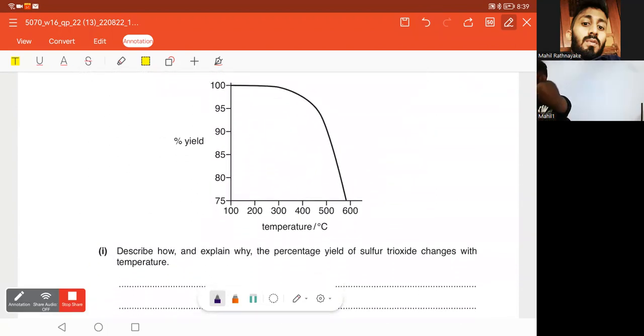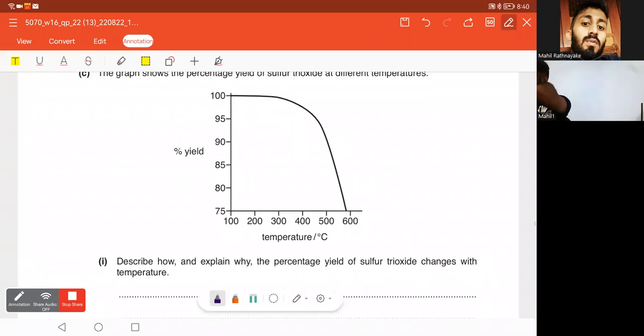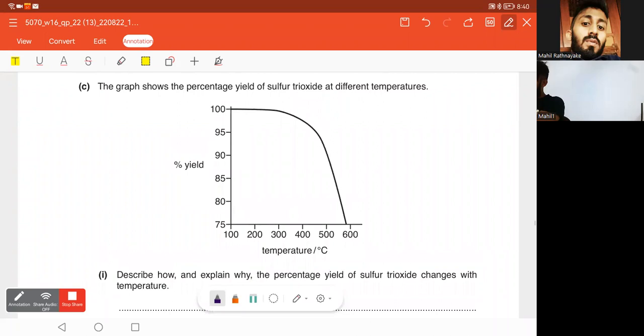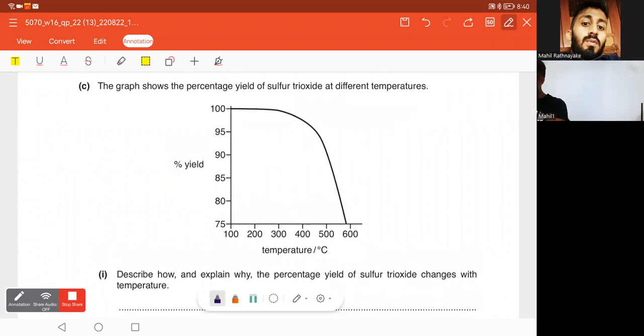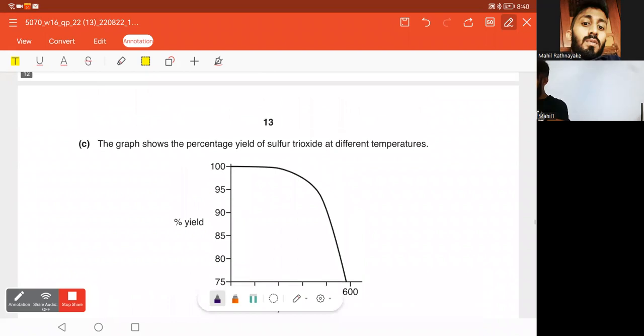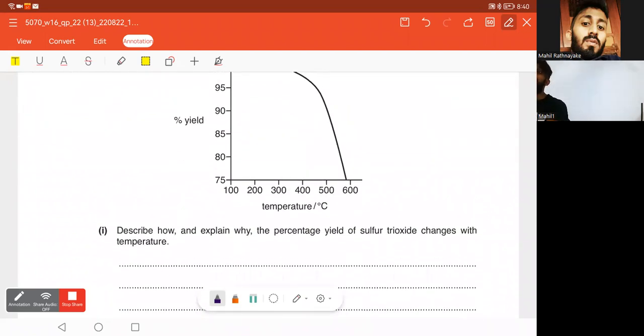Describe how and explain why the percentage yield of sulfur trioxide changes with temperature. Can you see, when the temperature increases, what happens to the yield? It decreases. That means the forward reaction is exothermic or endothermic?